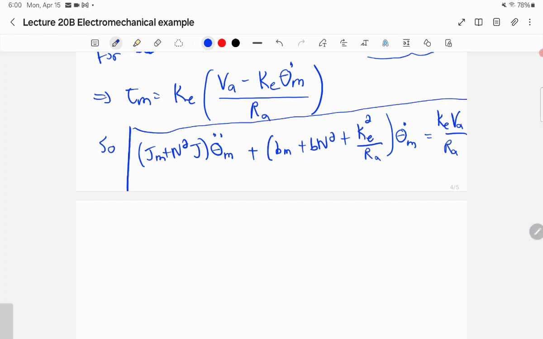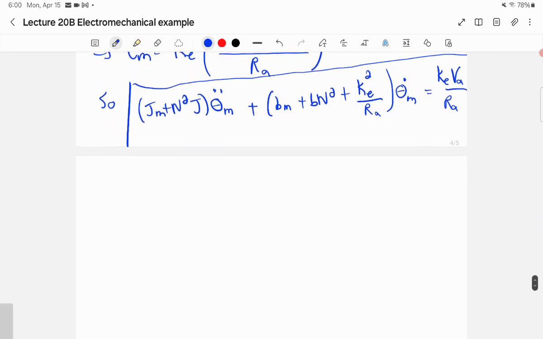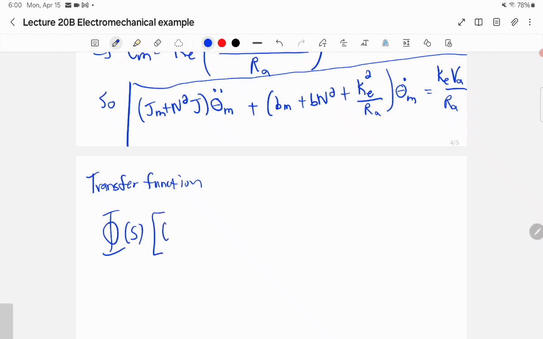So it looked kind of daunting at the beginning, but if we work through it, it's not so bad. So now let's find the transfer function of this. I'm going to denote my variable by phi of s instead of theta because my capital thetas and my lowercase thetas kind of look the same, so I think it's just easier if I do it this way.